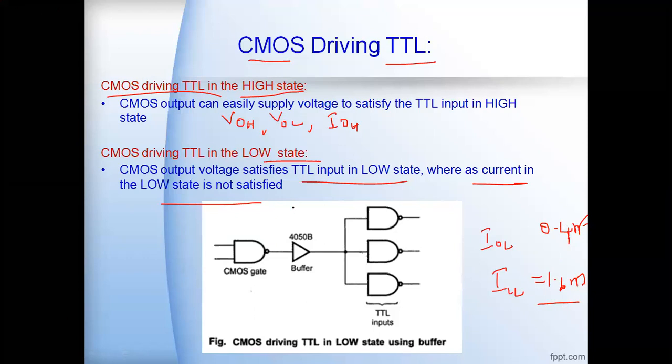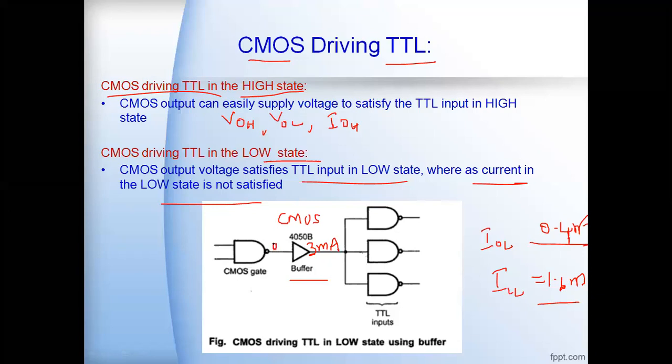So here we are using the 4050B buffer. This is a CMOS buffer. This CMOS buffer takes the 0.4 milliampere of current and produces 3 milliampere of output current.